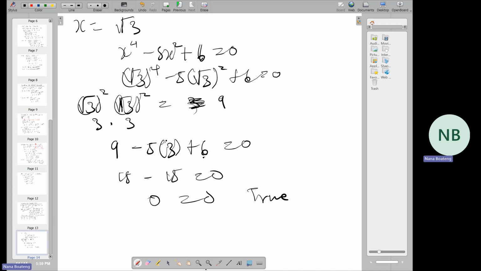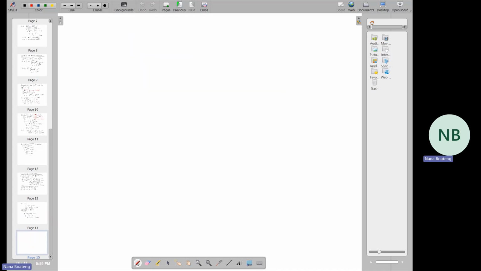Let's look at examples that involve the absolute value, equations involving the absolute value.